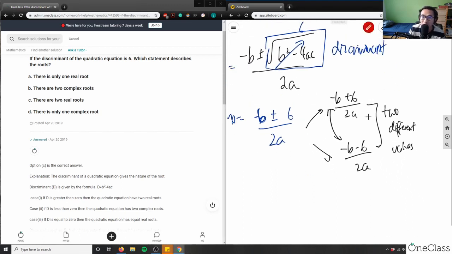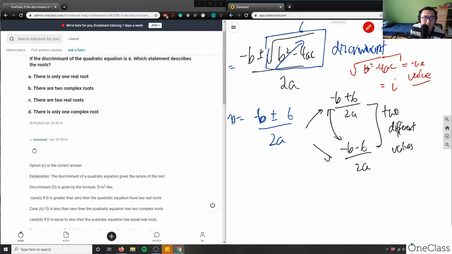If we had a complex root, the square root of b squared minus 4ac would have to equal i, or some value times i, because inside the square root would be a negative number. Square rooting a negative value gives a complex number.